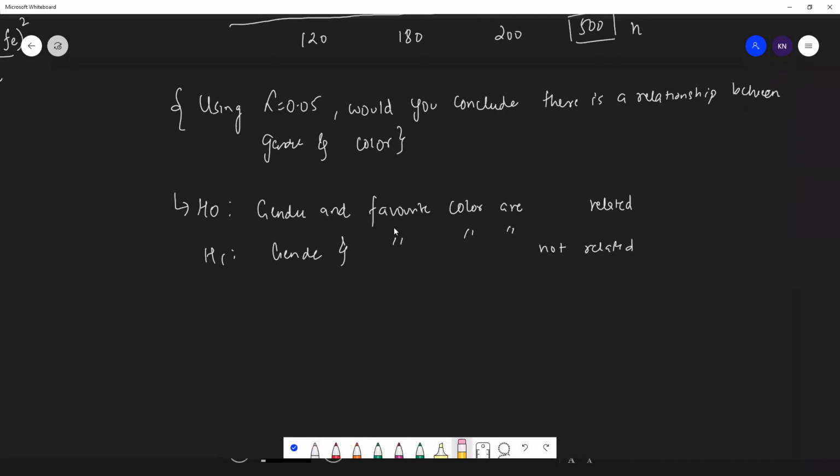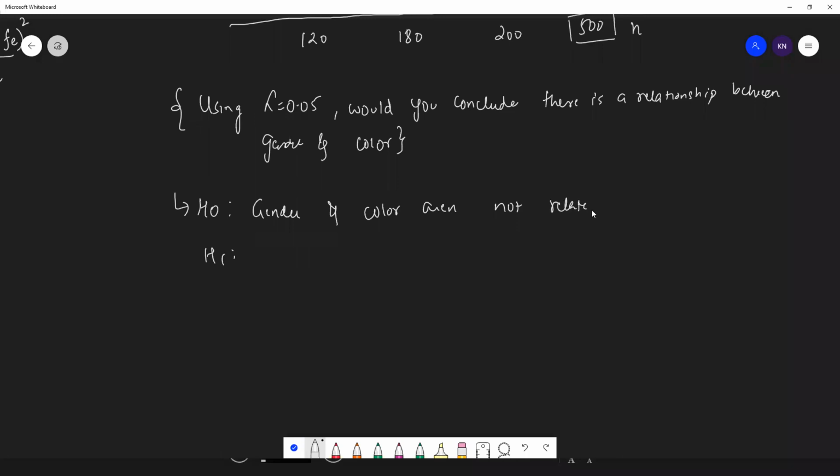Or here I can also make it the alternative. So let's see over here. This also we can do like this: gender and color are not related. And this also I can reverse.